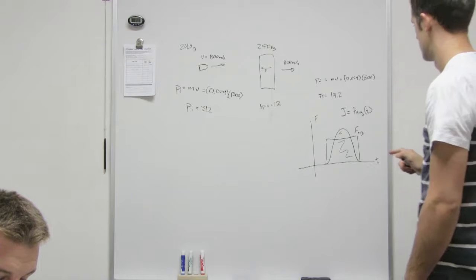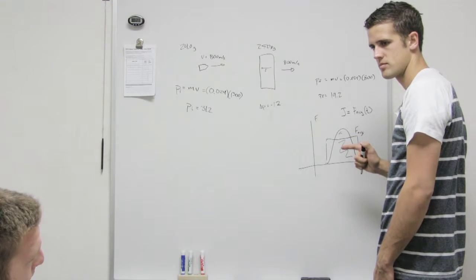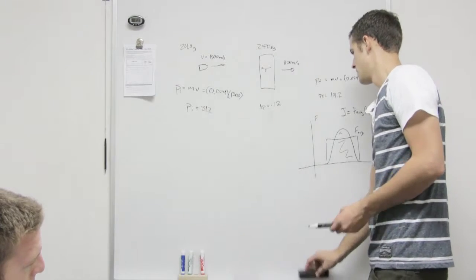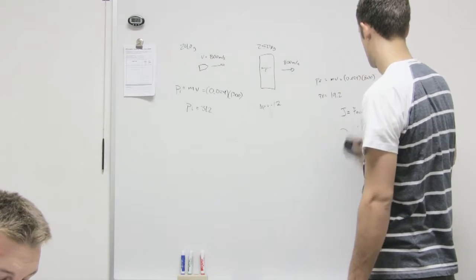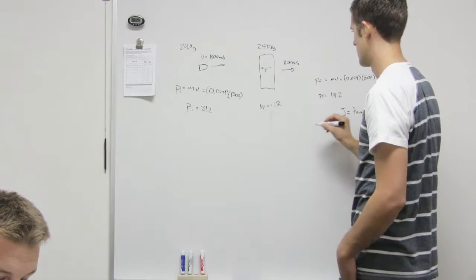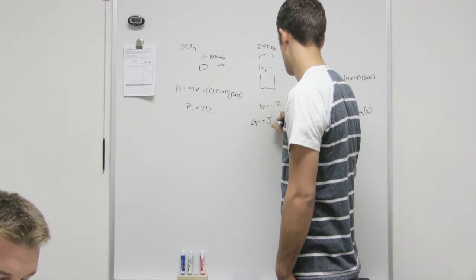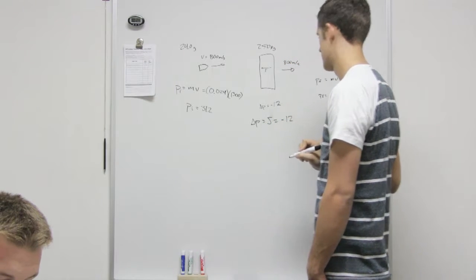And then the impulse is equal to the change in momentum. So change in P equals J equals -12.